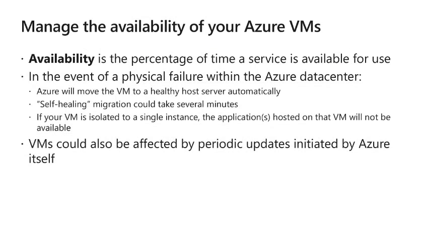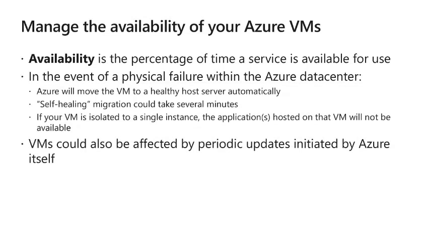Manage the availability of your virtual machine. So now we are talking about availability sets, high availability, and scalability. Availability is the percentage of time a service is available for use. In the event of a physical failure within the Azure data center, Azure will move the VM to a healthy host server automatically, which is called self-healing.